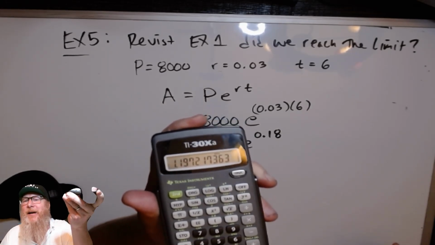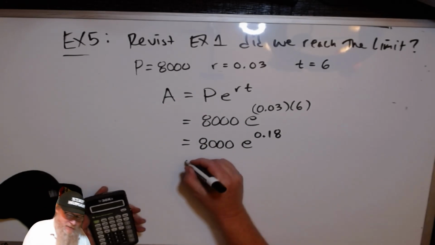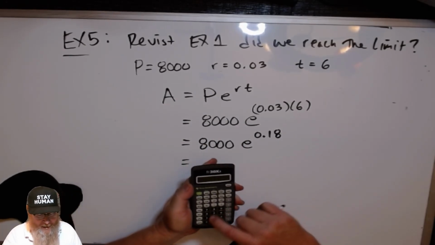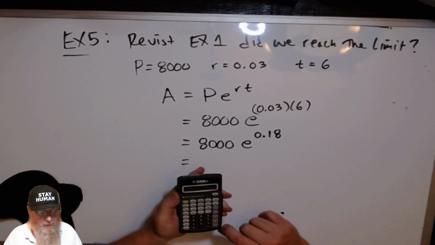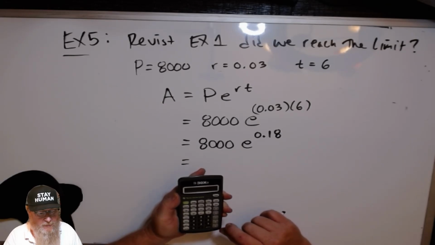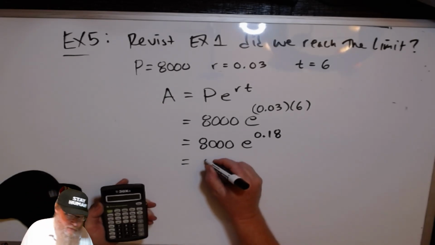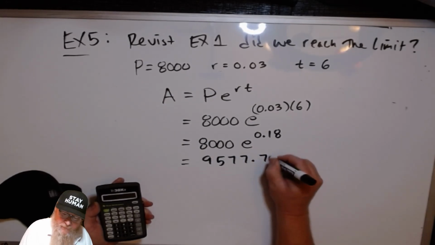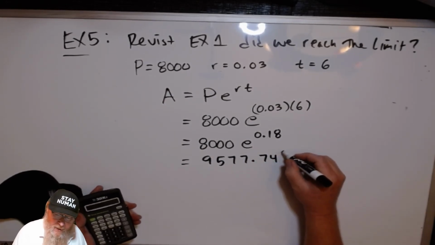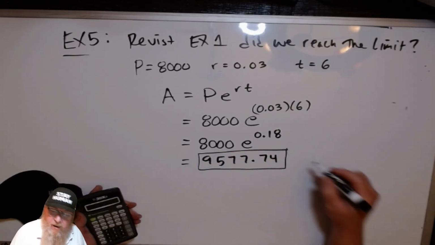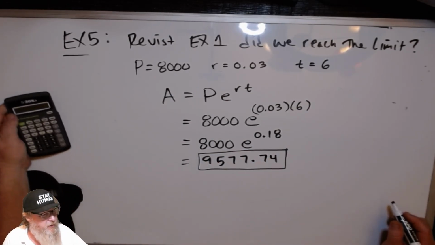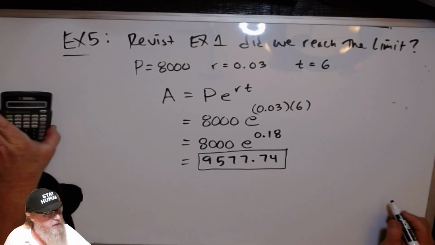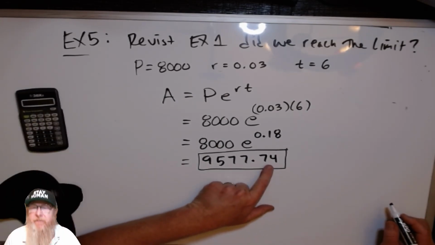There's that number again, 1.19. And then we're going to multiply it by 8,000. Huh. I must have entered something incorrectly earlier, because the answer is still 74 cents.